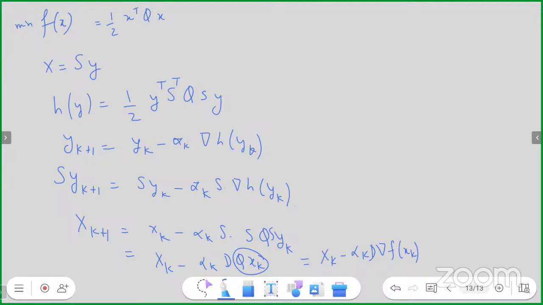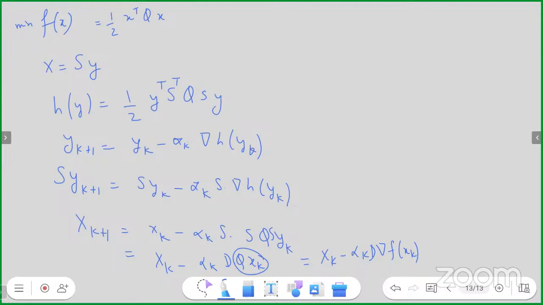Think of it as invertible if you want. If I choose S to be Q to the power minus half, what am I going to get? A new matrix, which is Q to the minus half times Q times Q to the power minus half, and that would just become identity.